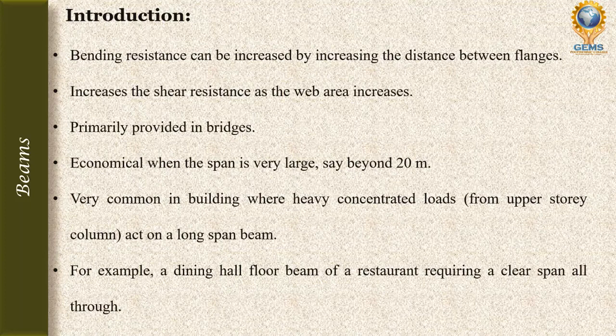So if you increase the distance between the top and the bottom flanges, then your bending resistance can be increased. And if you increase the web area, this will also increase the shear resistance. So for bending resistance, we have to increase the distance between the flanges, and if you want to increase the shear resistance, you have to increase the web area.